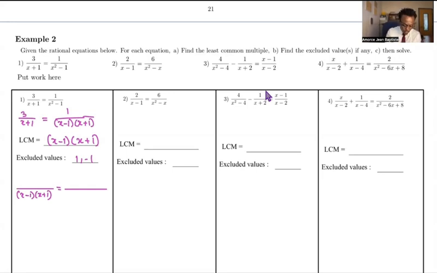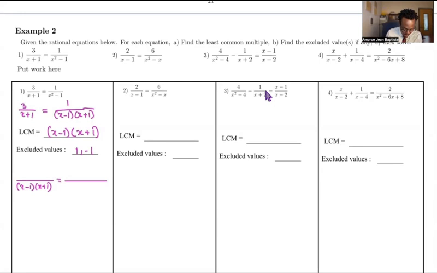Okay, so here we have x minus 1, x plus 1 here too. So how do you get x plus 1 times x minus 1 here? You would need to multiply by x minus 1 up here and x minus 1 here too. So that's 3 times x minus 1, and this one is already the same expression.